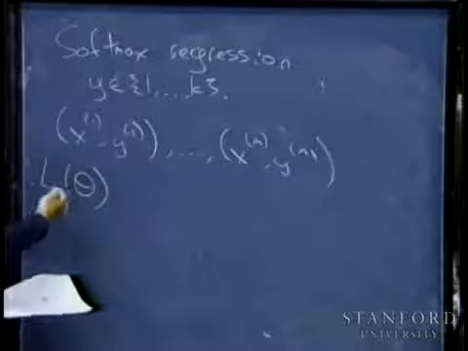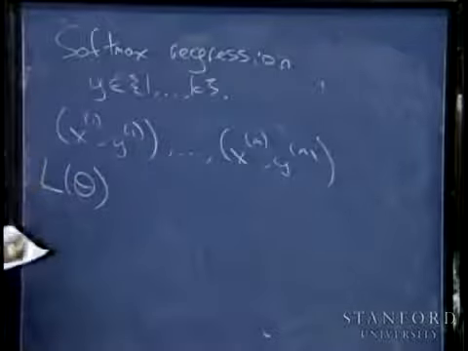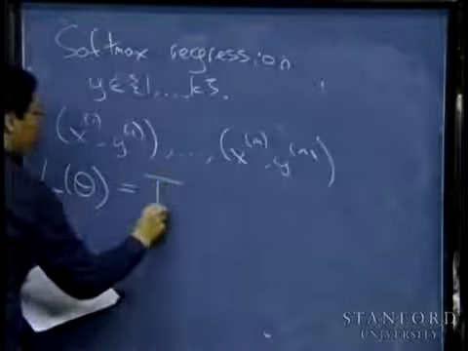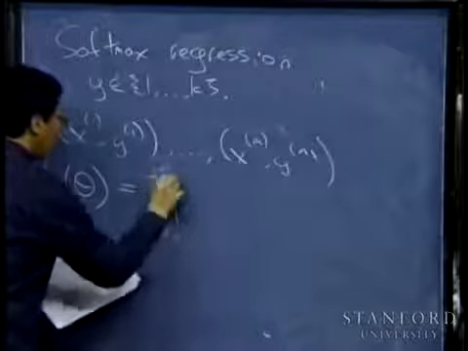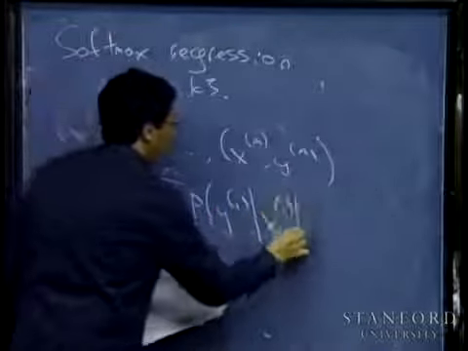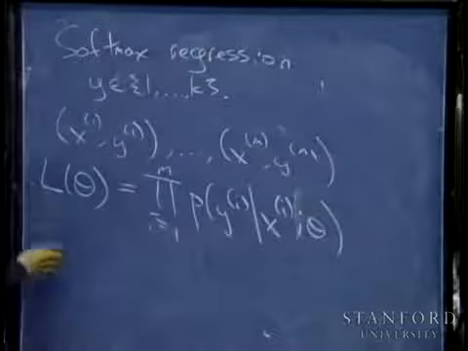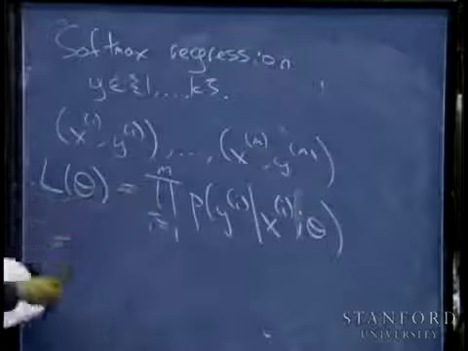So you write down the likelihood of the parameters and you maximize the likelihood. Right? So what's the likelihood? Well, the likelihood, as usual, is the product over your training set of p of yi given xi, parameterized by theta. That's the likelihood, same as we had before.